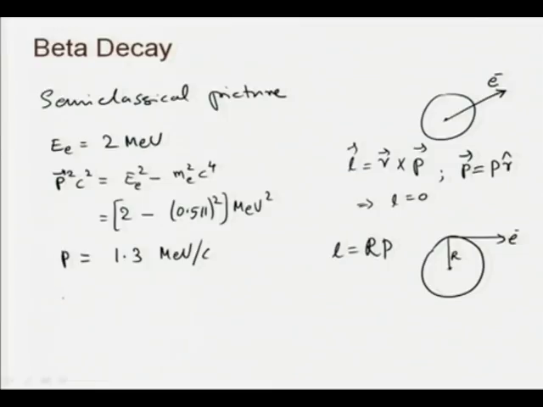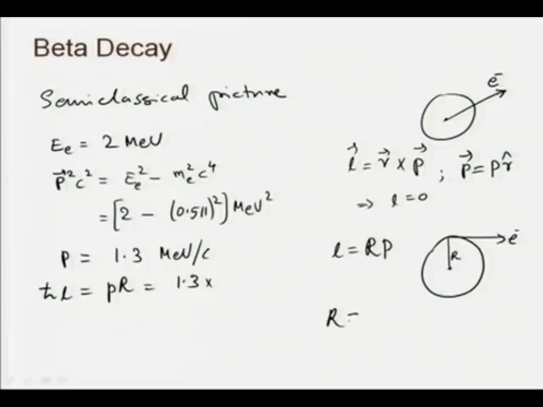Now, L in quantum mechanics is in units of h cross, so L in units of h cross is equal to PR. So, let us see, the momentum is 1.3 and what is the value of R.